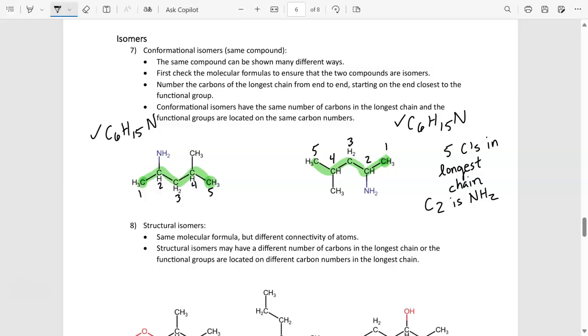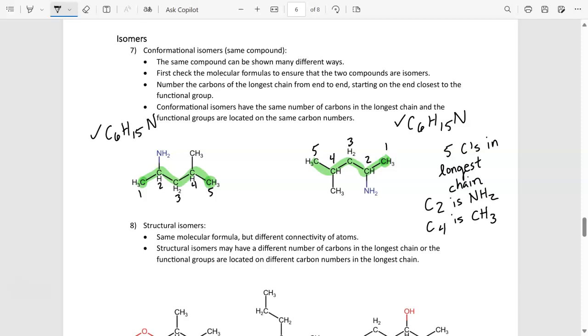And on carbon number 4, in both pictures, we have that CH3, that methyl group. So we have the exact same longest carbon chain length, the nitrogen on carbon 2, and the methyl group, the CH3, on carbon number 4. So these are the same compound, and therefore they are conformational isomers.